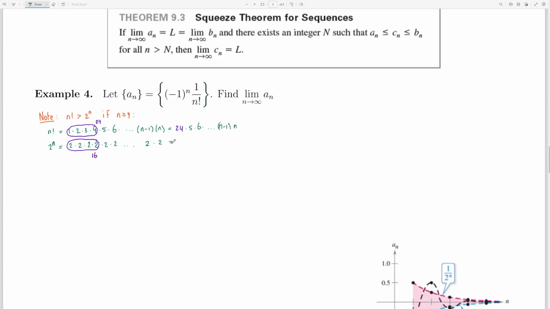And the bottom, we have 16, and then times 2 times 2 times 2 times 2.